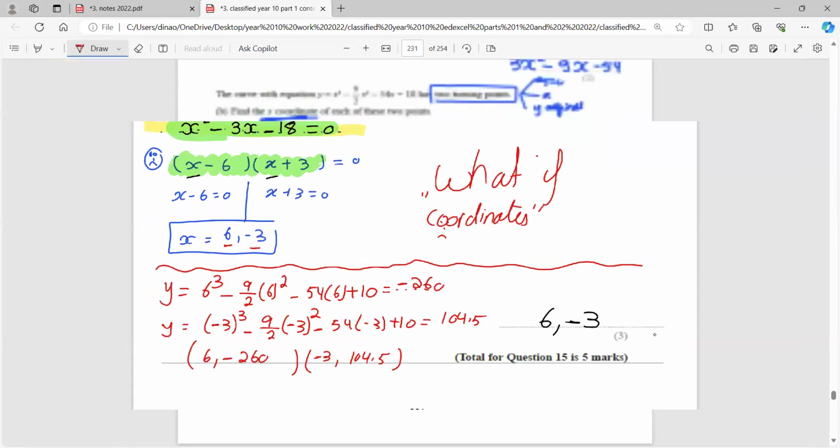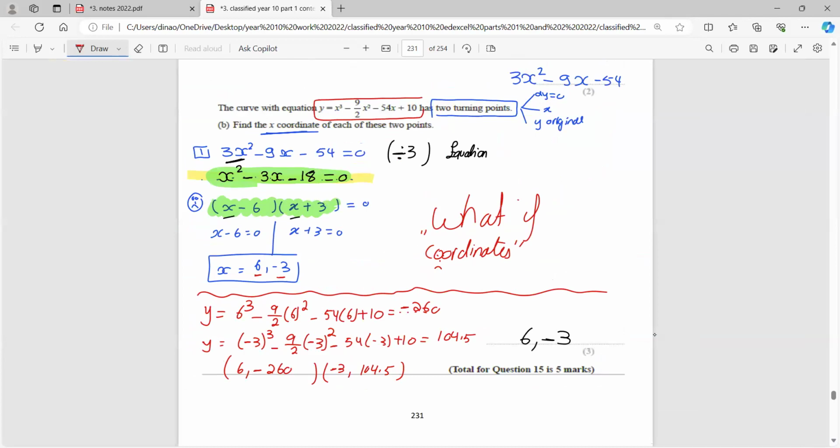That's if the question says find the coordinates of the turning points. Okay?